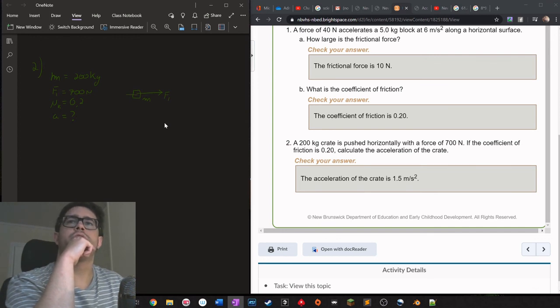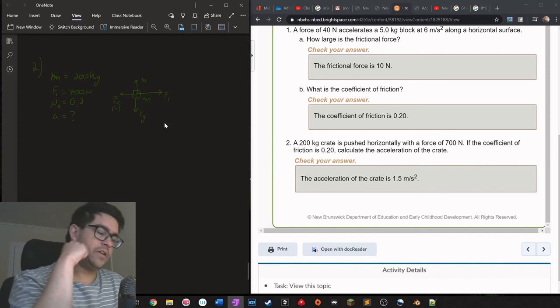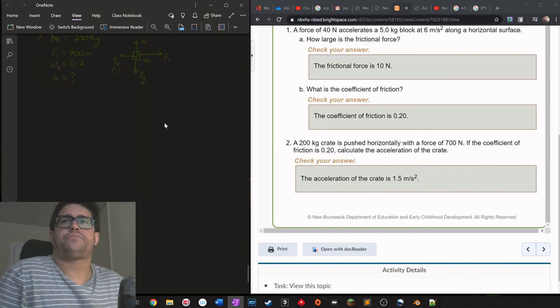Is there friction? Yep, there's a coefficient of friction. Fk, which will be negative. There's a normal force. There's Fg. That's it. Okay, stop me right now and go do your problem, because I'm going to do it now.